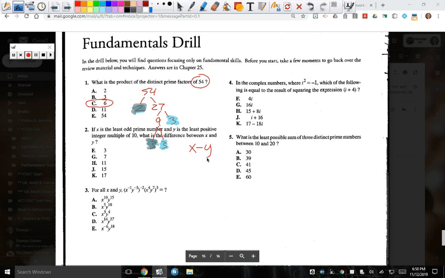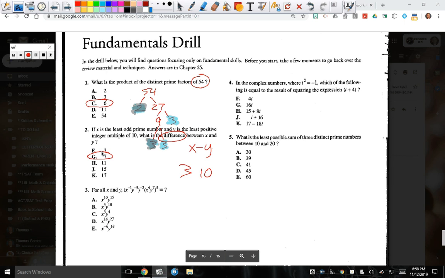What's the least positive integer multiple of 10? 10. And x is the least odd prime number. What's the least odd prime number? 3. So if I do the difference between them, I get 7.